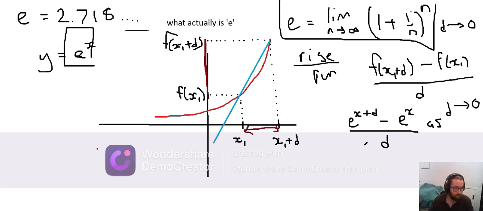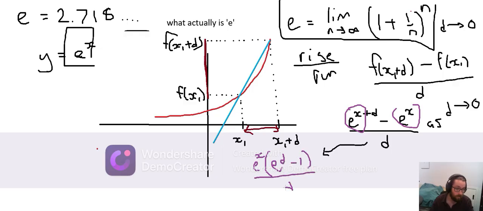Cool. So let's do some stuff with this. Well, I notice that in my numerator, we have a common factor of e to the x, so I'm going to take that out front. We end up with e to the x times (e to the d minus 1) over d.